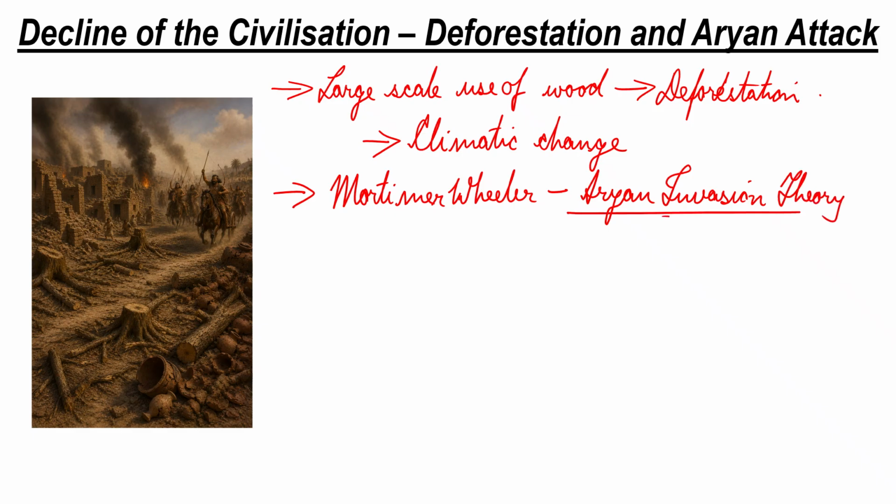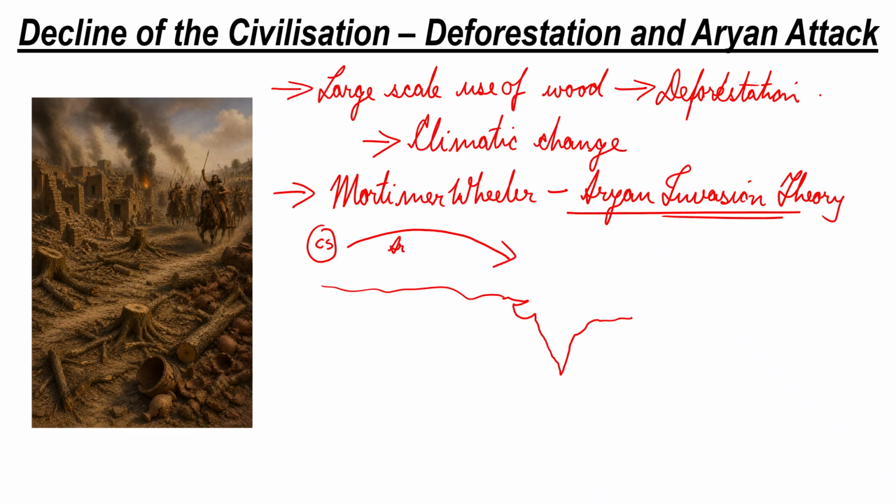Imagine this is India. Here we have something called Caspian Sea, and here we have India. So this theory states that from Caspian Sea the Aryans came to India.